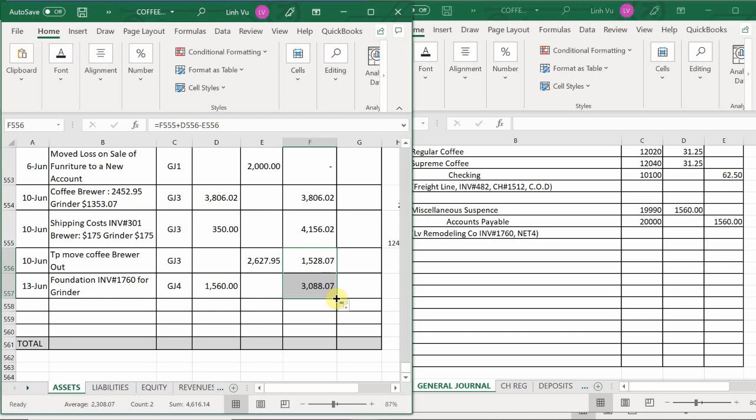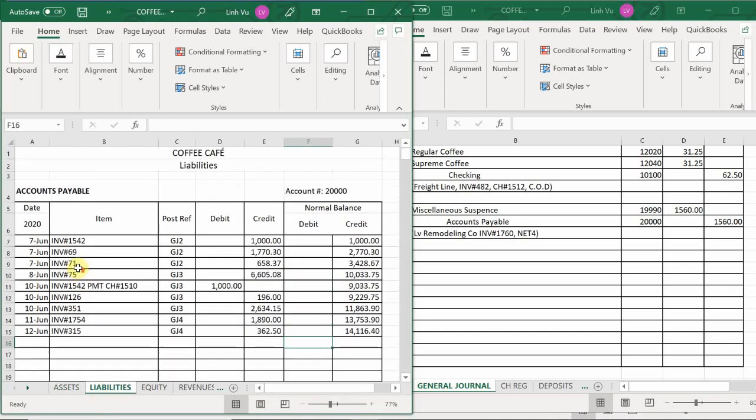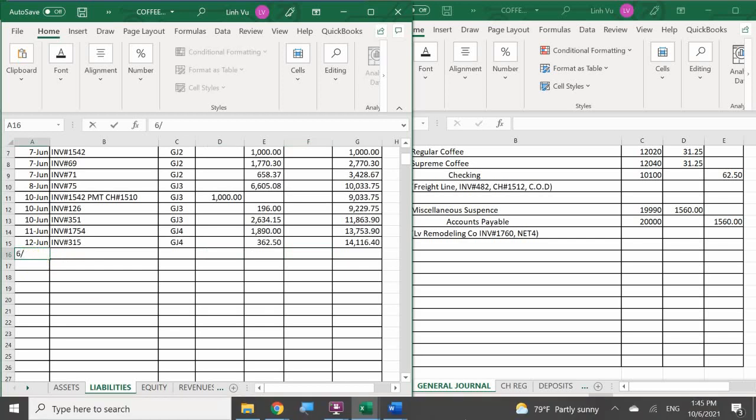We still have one more thing, which is the electrical work, and then we will be done here. Now we also have to update our accounts payable account. Okay, here we are, accounts payable, 613. Invoice number 1760.